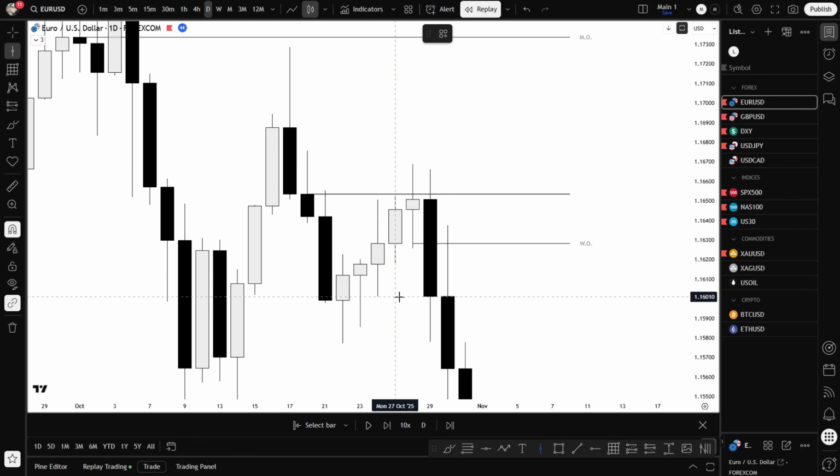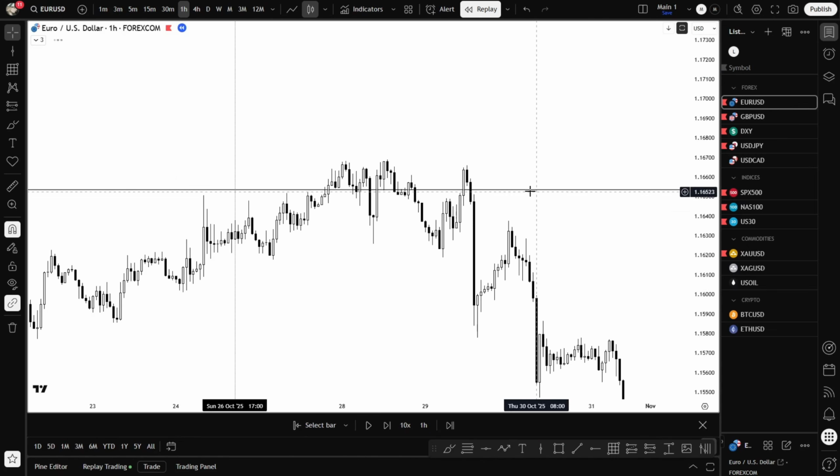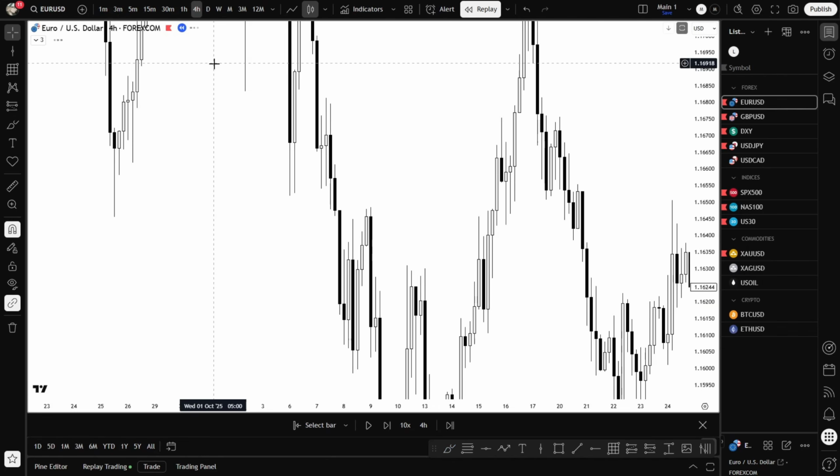Now if we mark the opening price and go to the hourly. First of all, we open low, right? What do we have before the open? Do we have a 4-hour liquidity pool?